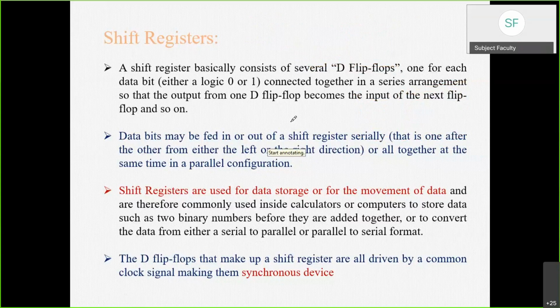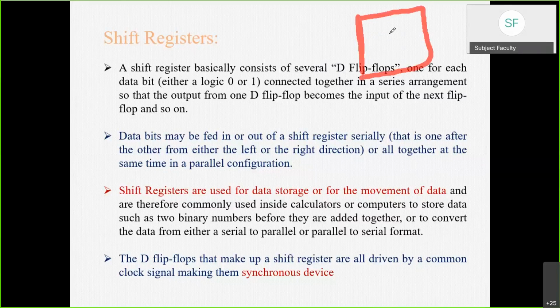Okay. So this point explains the same, that the data bits which you will be storing can be fed into the shift register either serially or parallelly. Similarly, you can also take your output serially as well as parallelly.